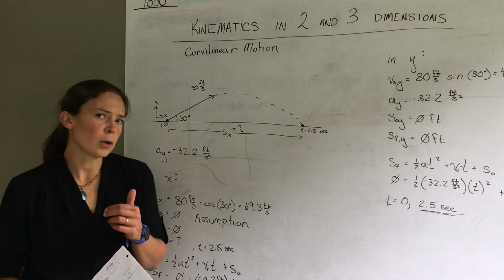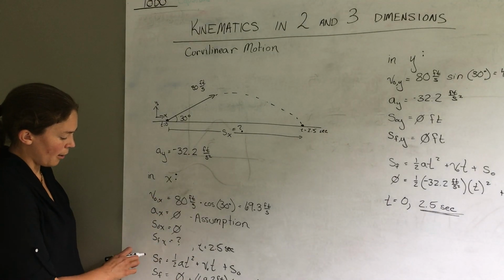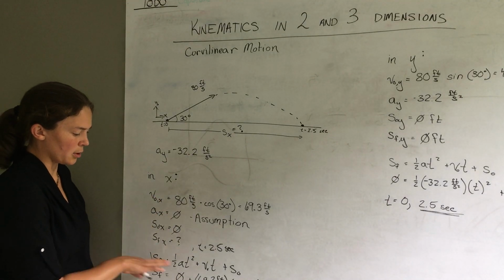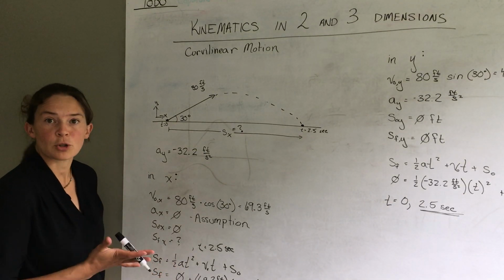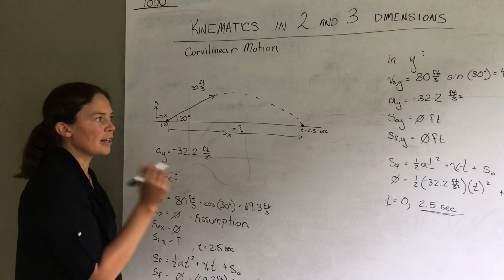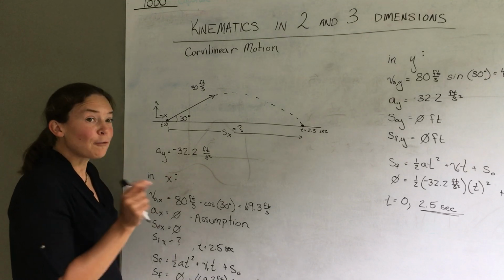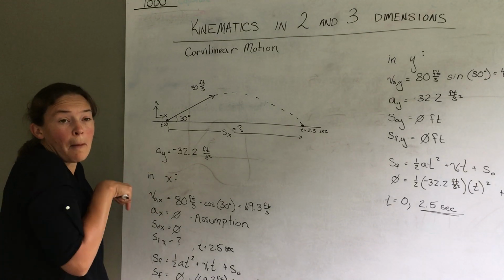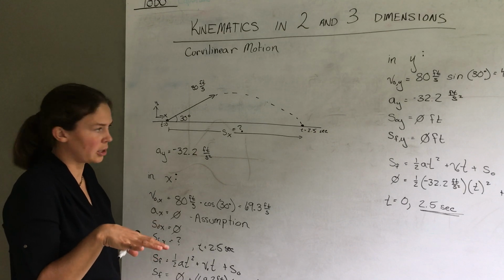So one thing I want to warn you against here: these equations that I'm using, sF is equal to 1/2 a t squared plus v naught t plus s naught, those assume constant acceleration, which is great the whole time the pumpkin is in the air, and it's great until the instant the pumpkin touches the ground. After the pumpkin touches the ground, there's going to be a massive change in acceleration as that pumpkin comes to a complete halt.